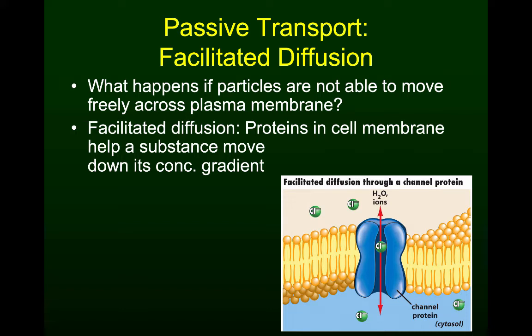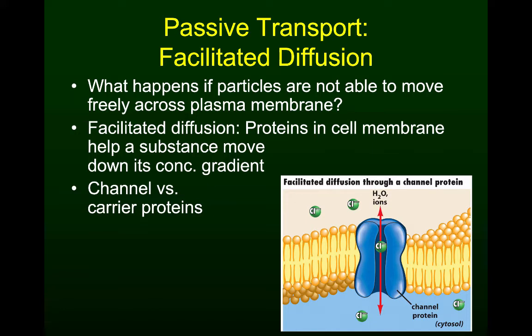And specifically, the thing that's doing the facilitation is a type of transport protein. These transport proteins allow things that are charged or polar to get out of a cell or into a cell, going with the concentration gradient, again, still going with the flow, not using ATP, but they allow these things to go into or out of a cell where otherwise they wouldn't be able to do these things. Right? So this is still passive transport. This is still going with the concentration gradient, no ATP.